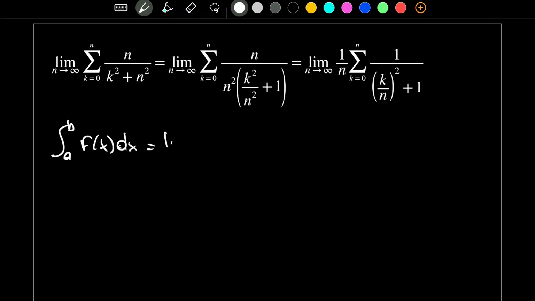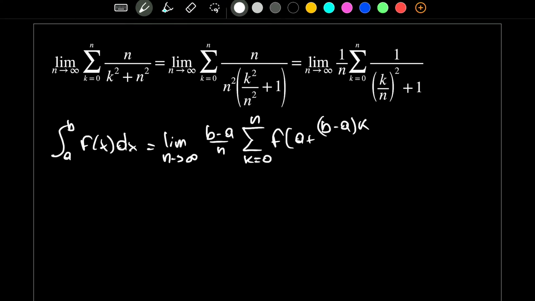So basically we get the limit as n approaches infinity of (b minus a) over n times the sum from k equals 0 up to n of the function we're integrating, f of a plus (b minus a) times k divided by n.